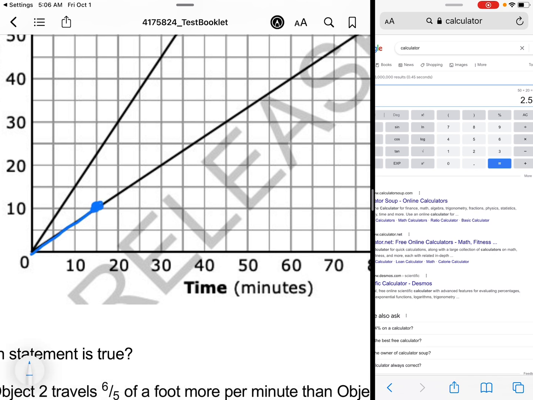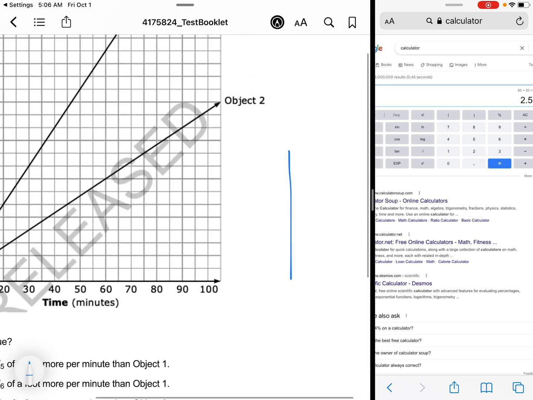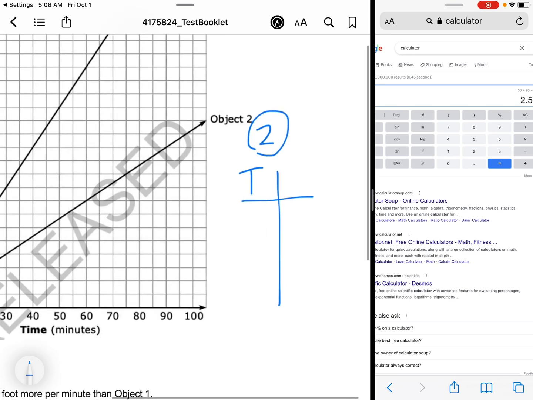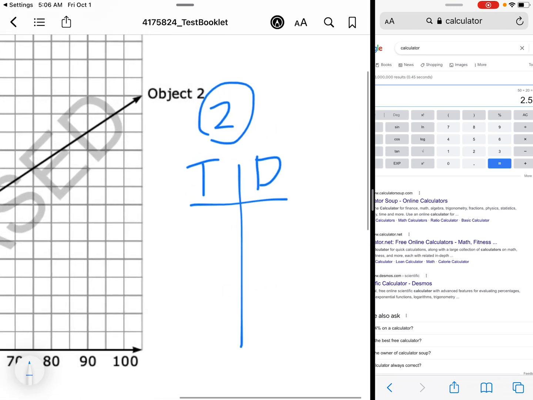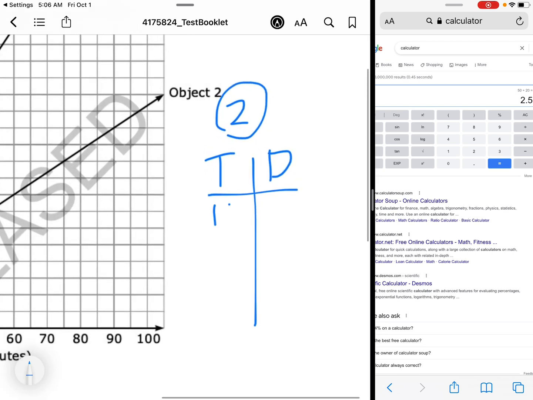So I have a point there. So that would be 15 and 10. So that's object 2. So that's time and distance. So in 15 minutes, it went 10 feet.